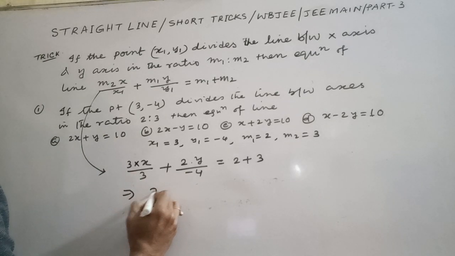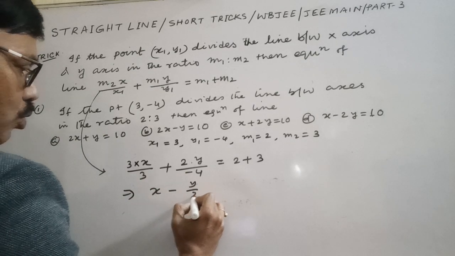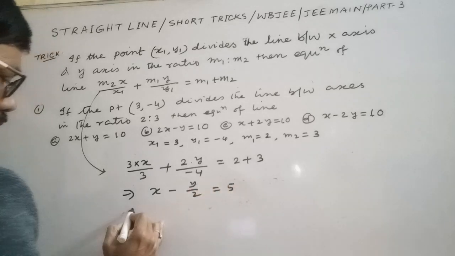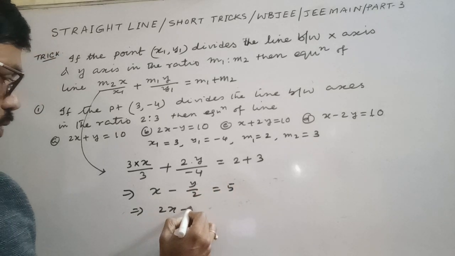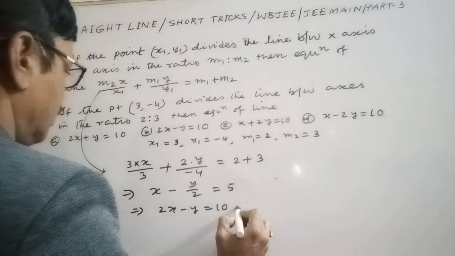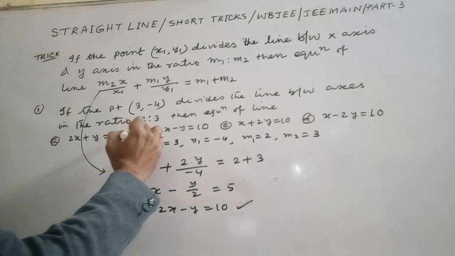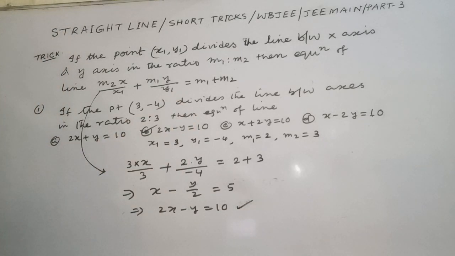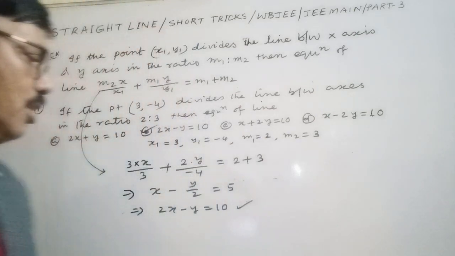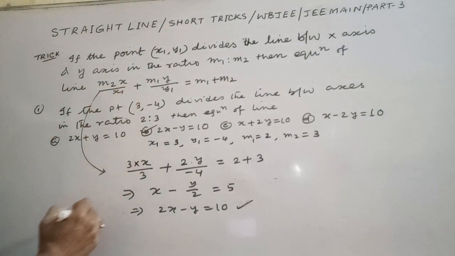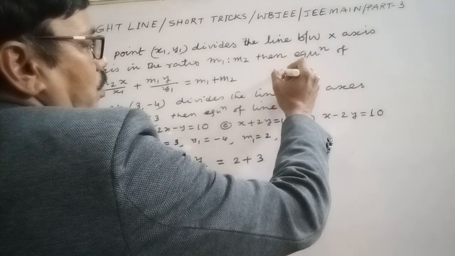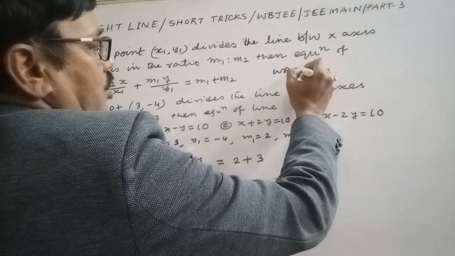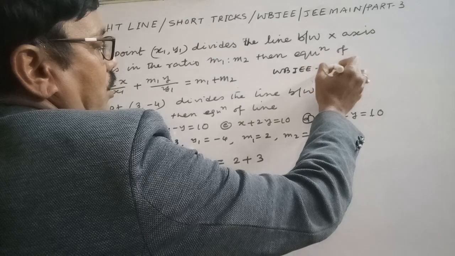So x minus y by 2 equals 5. So 2x minus y equals 10. So option B is correct. So recall the formula and put the values. This is a problem of WBJEE of 2 marks.